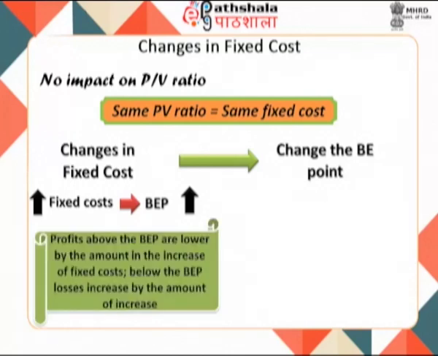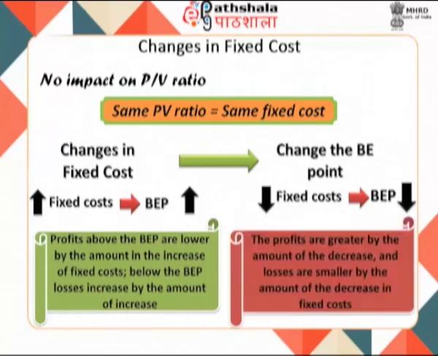Profits above the break-even point are lower by the amount of increase in fixed cost, and below the break-even point, losses increase by the amount of increase in fixed cost. If fixed costs are decreased, it lowers the break-even point. The profits are greater by the amount of decrease, and the losses are smaller by the amount of decrease in fixed cost.